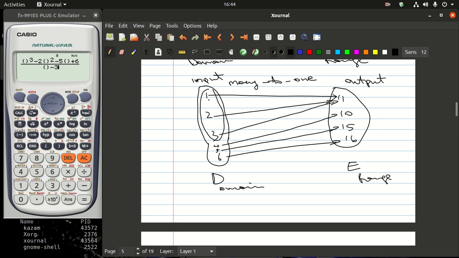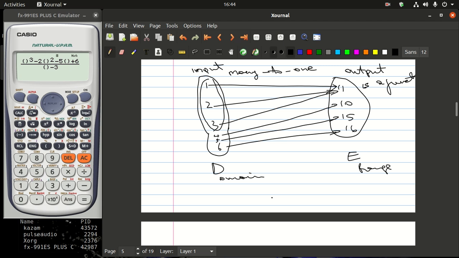How many outputs does 1 have? One output. How many outputs does 2 have? One output. How many outputs does 3 have? One output. We don't have any of these elements having more than one output. So this one is a function. This is a many-to-one relation, which is a function.